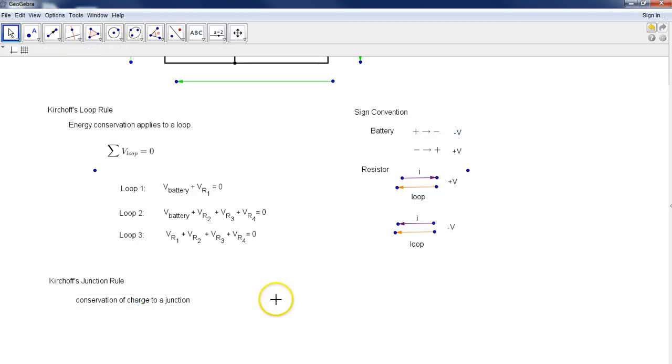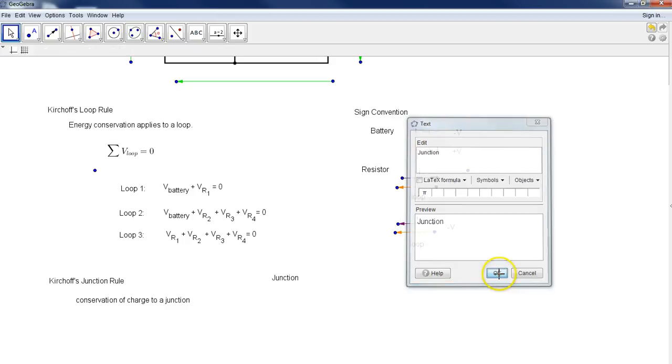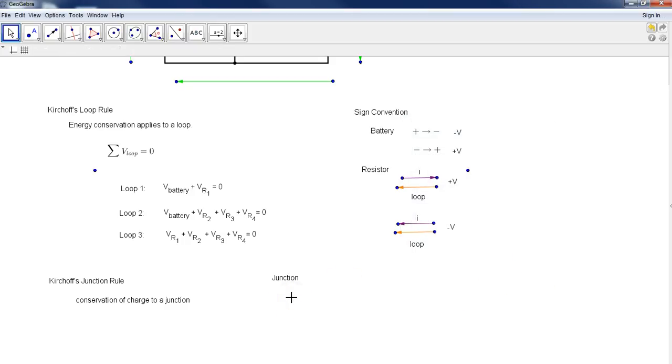We better define a junction here. A junction is just going to be the union of two or more components. Let's see, maybe we should say that's a union of three or more components in the circuit.